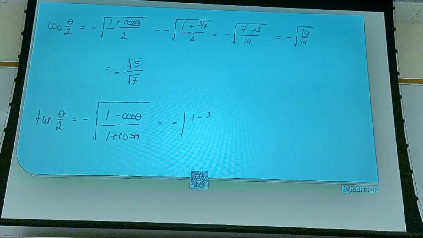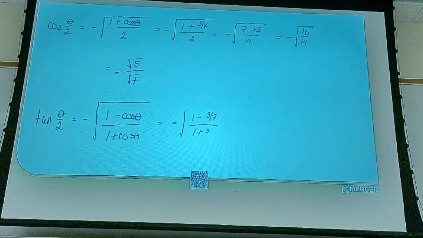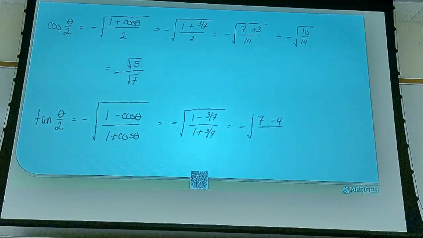Finally, tangent. Quadrant 2, tangent's negative. Negative square root of 1 minus cosine theta over 1 plus cosine theta. Why are we looking at quadrant 2, if the question says quadrant 4?